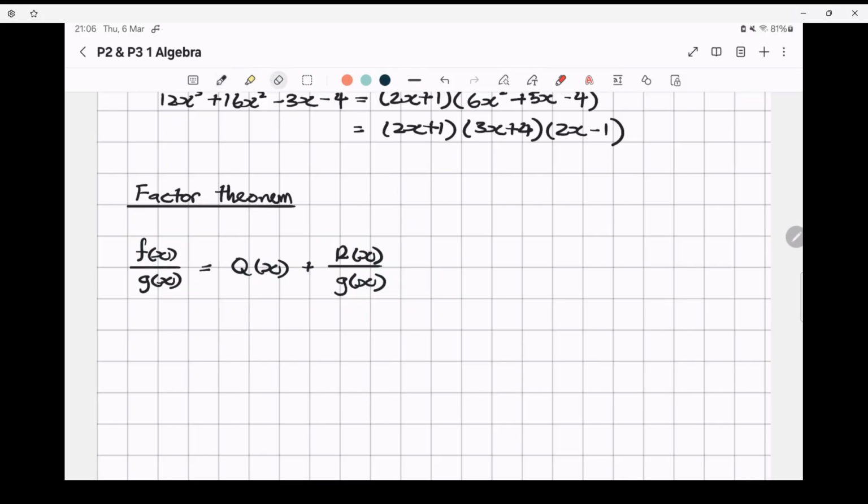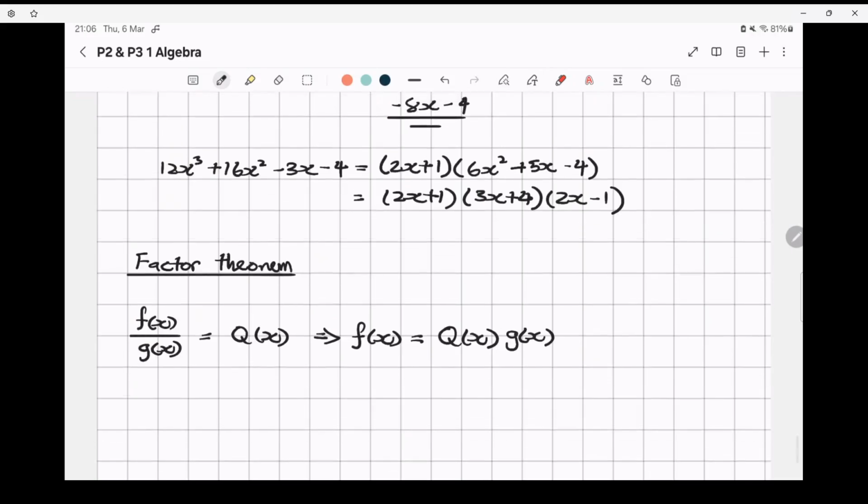So in this case, we can just erase the remainder part. And when there's no remainder, meaning that your g(x) is a factor, then you know that your f(x) equals the quotient multiplied with g(x), right?